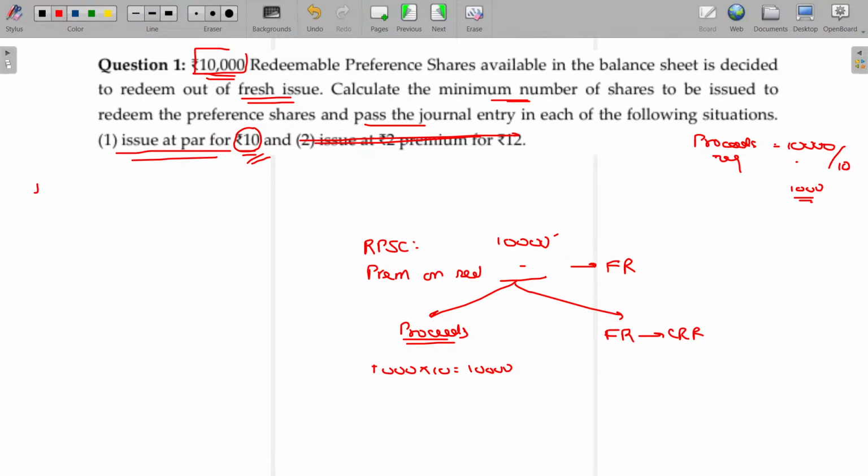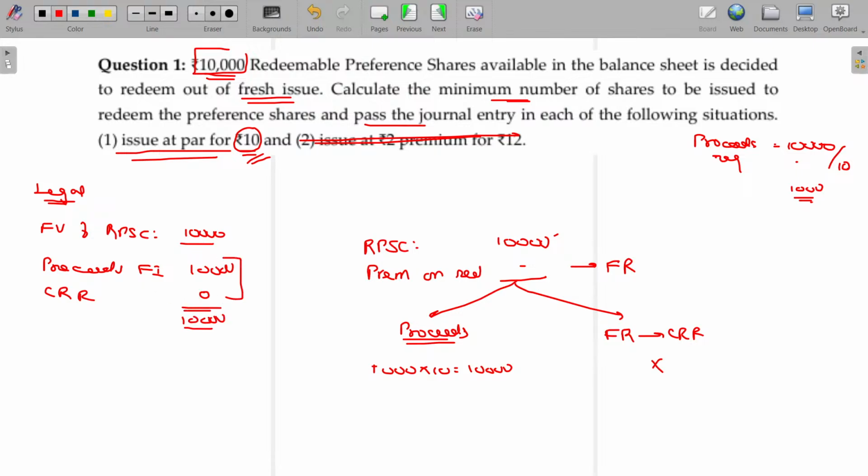What is the legal requirement? The face value of redeemable preference share capital, being 10,000, should be equivalent to what? Should be equivalent to proceeds from fresh issues. CRR creation being 0, not required. Always cross verify that proceeds from fresh issues and CRR should be equal to the face value of the redeemable preference share capital.